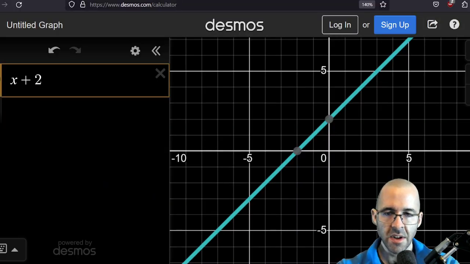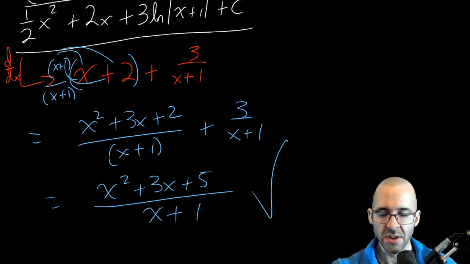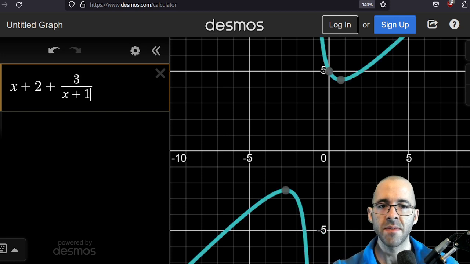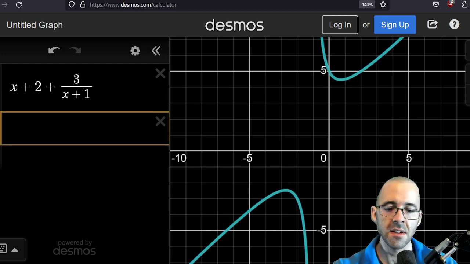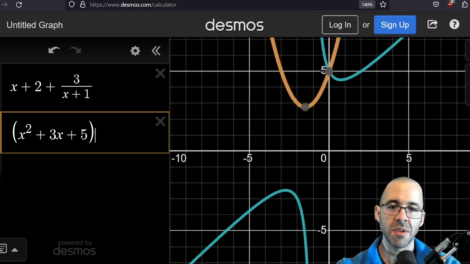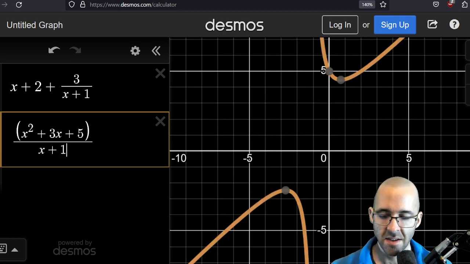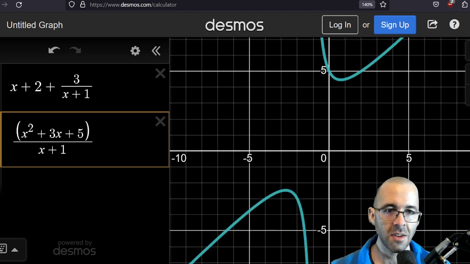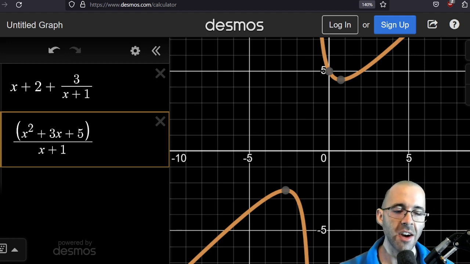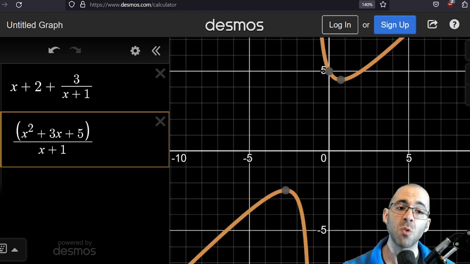This is really a way of not checking your integral, but checking your partial fraction decomposition plus 3 over x plus 1. You can look at this rational function and say, well, is that the same as x squared plus 3x plus 5 over x plus 1? And you can say, whoa, orange and blue are the same. So you can kind of check your partial fractions graphically. This is a really good idea to do.